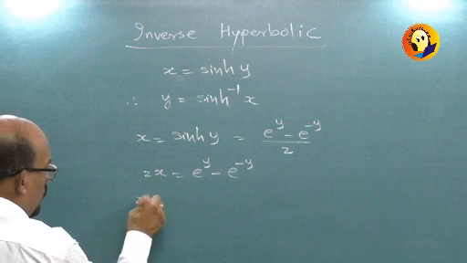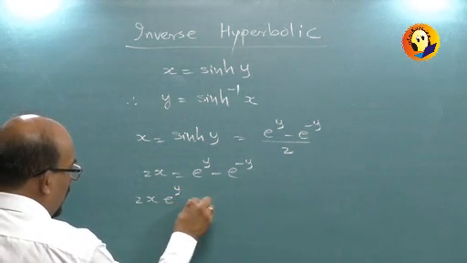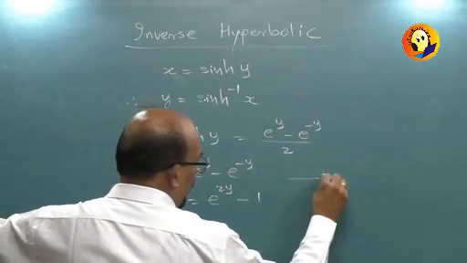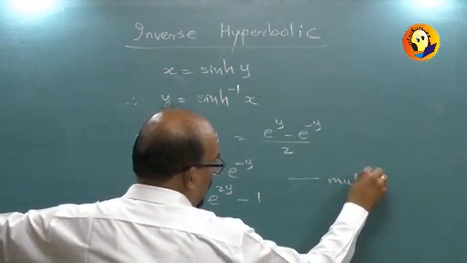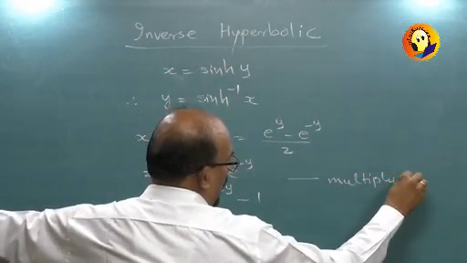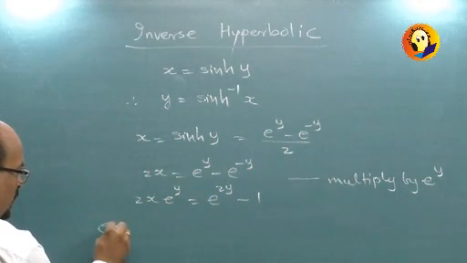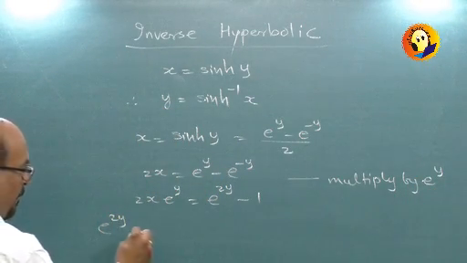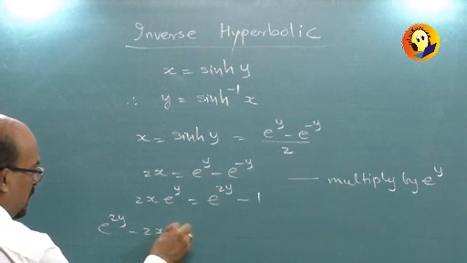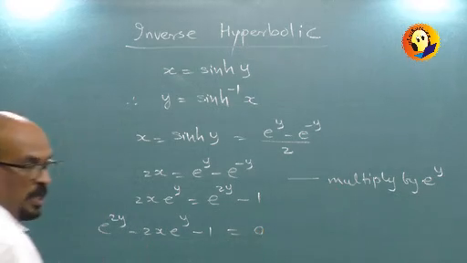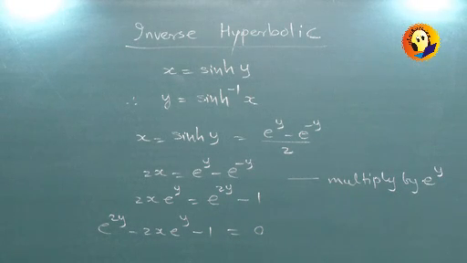So it becomes 2x e raised to y equal to e raised to 2y minus 1. Multiply by e raised to y, and take it on one side. So it is e raised to 2y minus 2x e raised to y minus 1 equal to 0, which happens to be a quadratic in e raised to y.